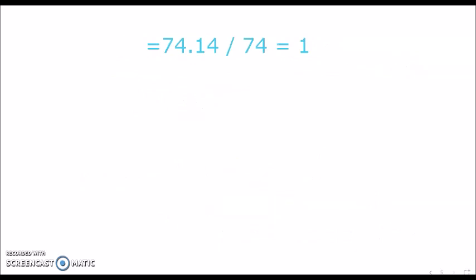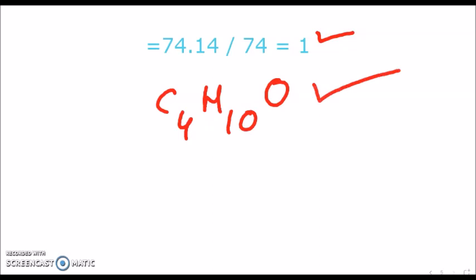Therefore the coefficient which we have found is 1. The correct molecular formula will be C4H10O. So the empirical formula and molecular formula in this case are the same. Thank you.